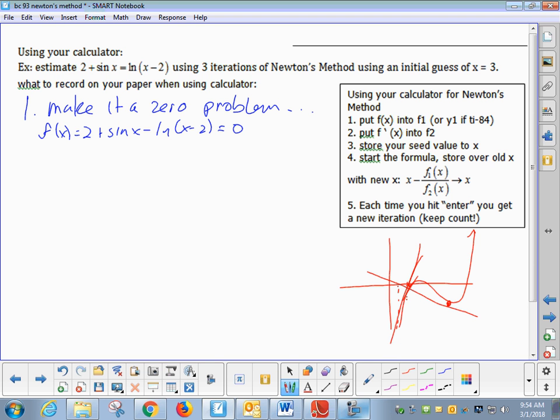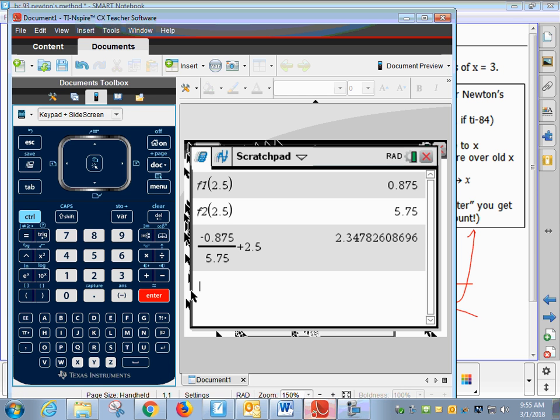Now, in terms of the calculator, if you don't already have your calculator out, get it out. You're pretty much going to generate a loop that your calculator can constantly do, and the work is nothing, and you can do 5 iterations just like that. Please put the function and the derivative into your calculator.